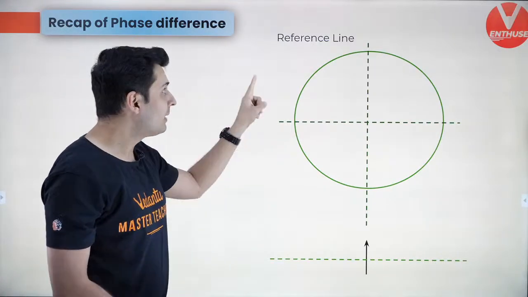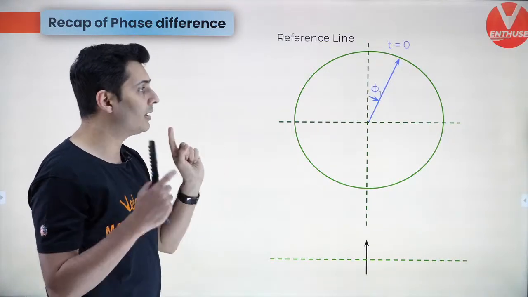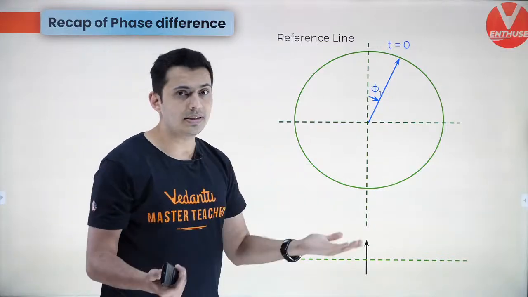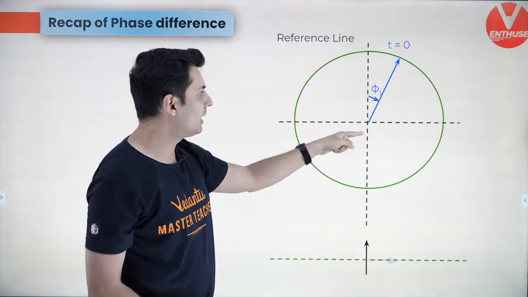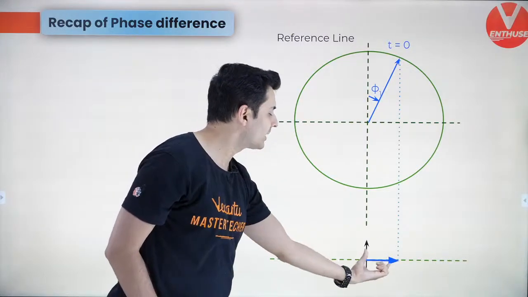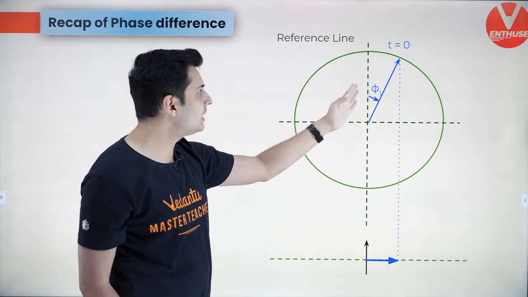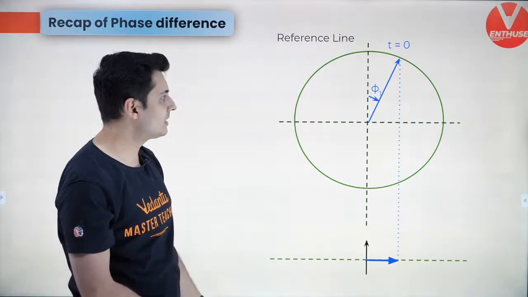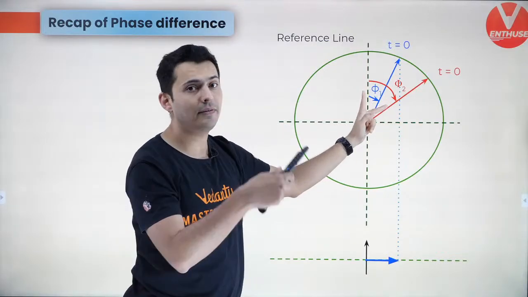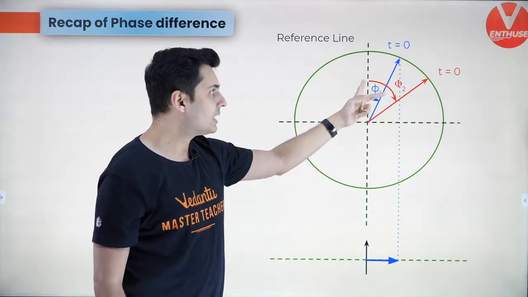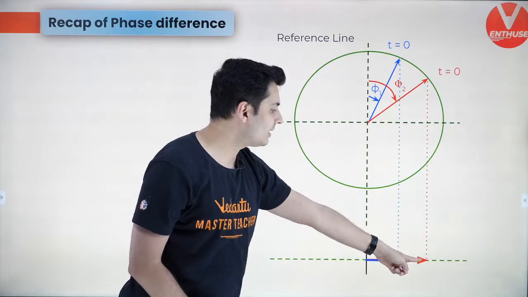Yes, so we have also seen what is phase difference. So imagine there are two SHMs. So naturally there will be two phasors. So this is the phasor 1 of SHM 1, whose projection falls over here. Phi 1 is the initial angle of the first SHM. The second SHM is somewhere here. It's making a different angle. I call it phi 2 initially. So their projection will be somewhere here.